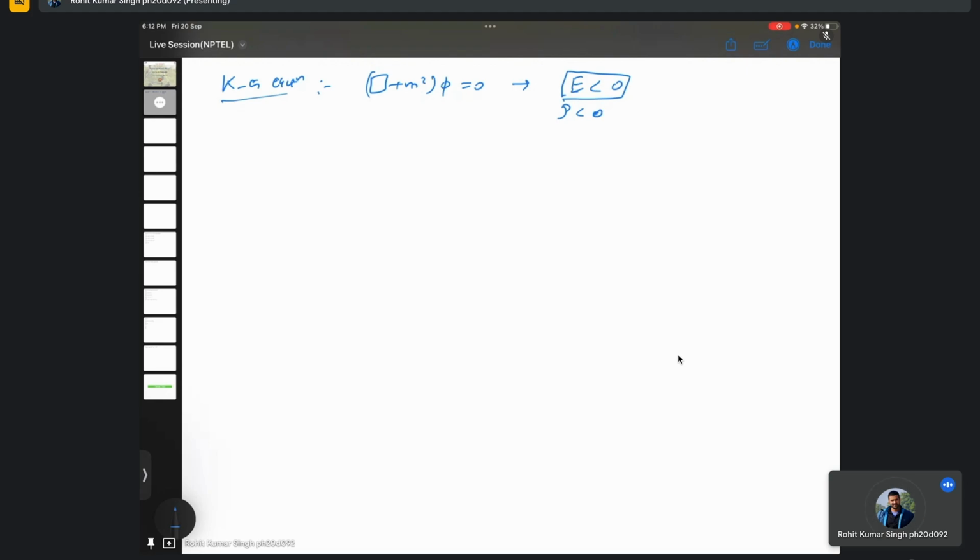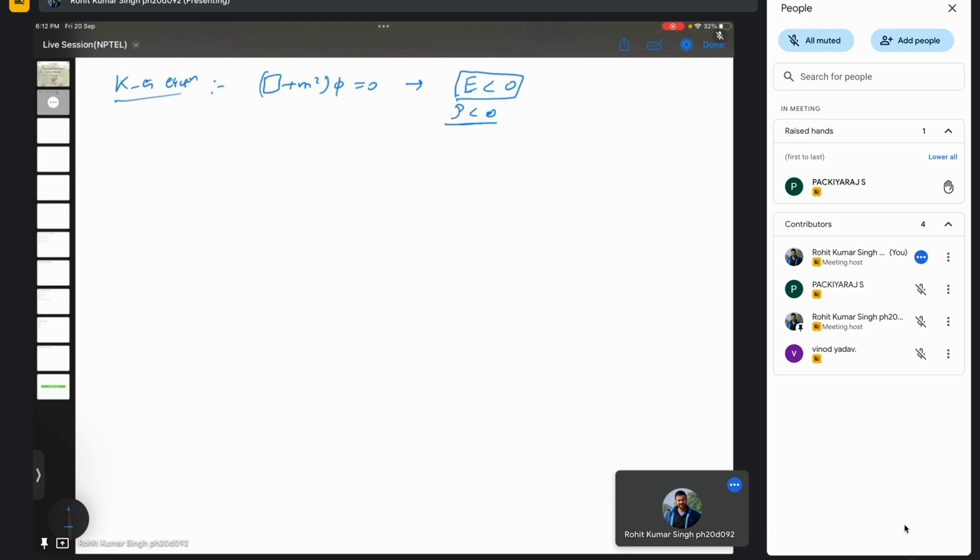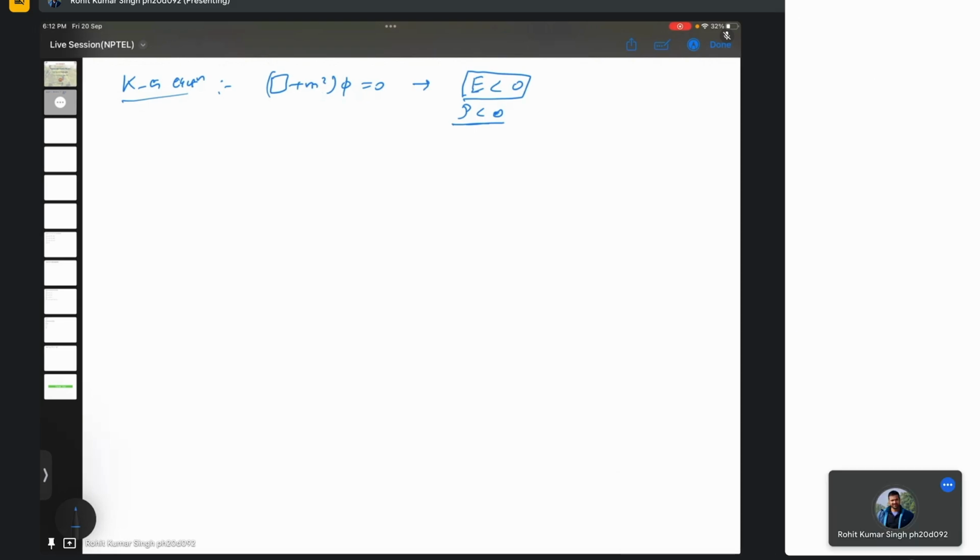So why did this happen? Why did we get negative probability density? Yeah, anyone? Okay, I guess the hand was raised by mistake.